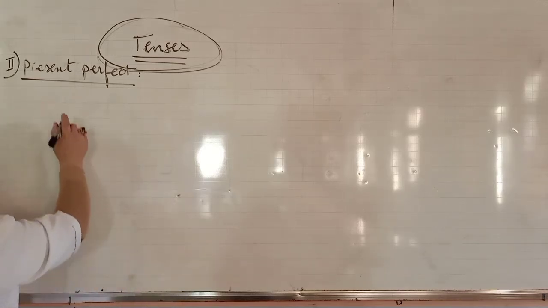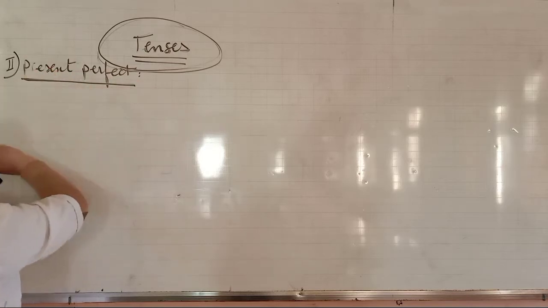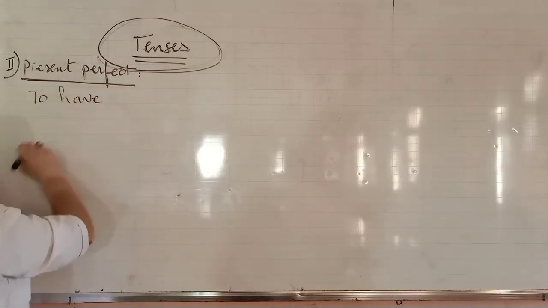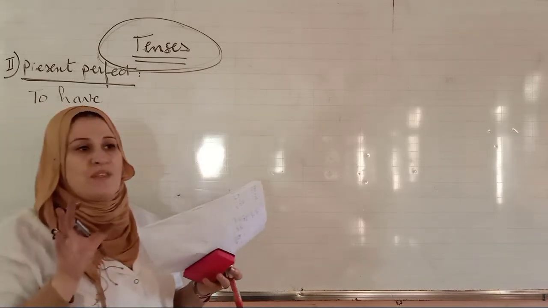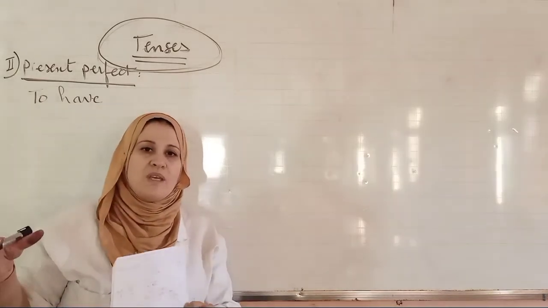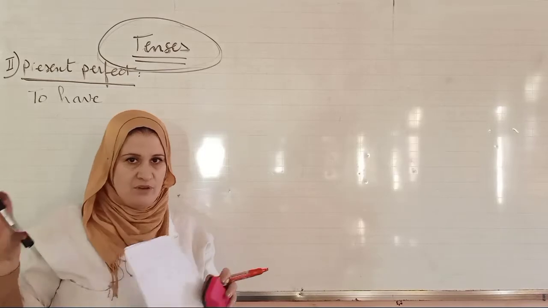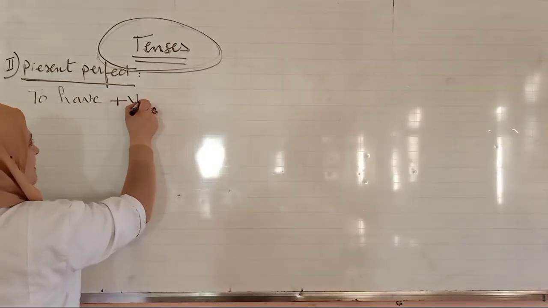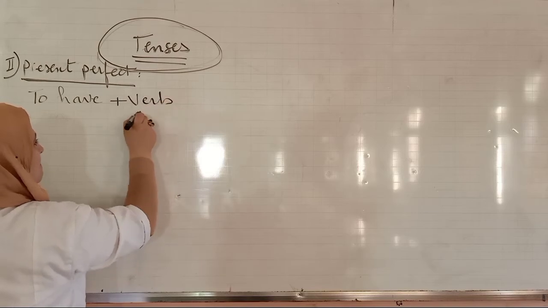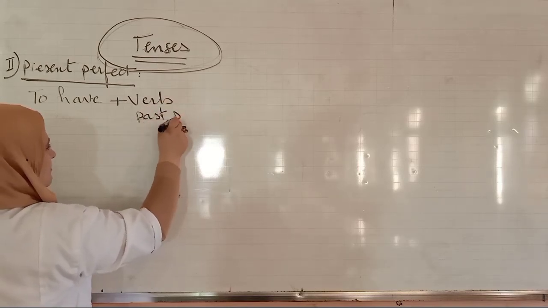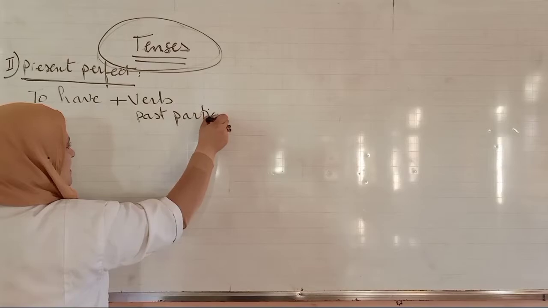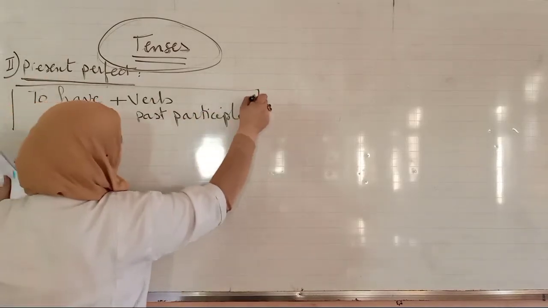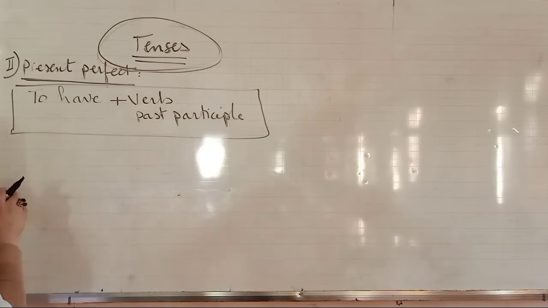So here what do we have? We have the auxiliary to have. So with the present perfect tense, we use the auxiliary to have, okay? So, to have plus what? Plus the verb as past participle. Okay. This is my rule.